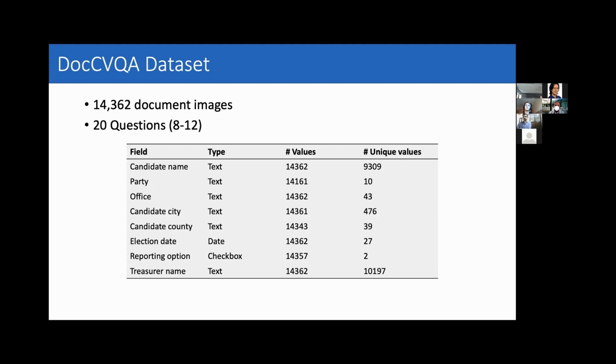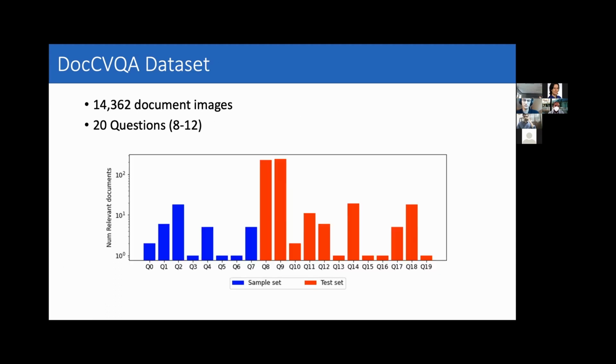Well, yes, the dataset consists of 14,000 document images, but we only have 10 questions for that, because we designed it as a kind of retrieval style task, where you have to train your method on another task or dataset, and then use it at test time for evaluating.